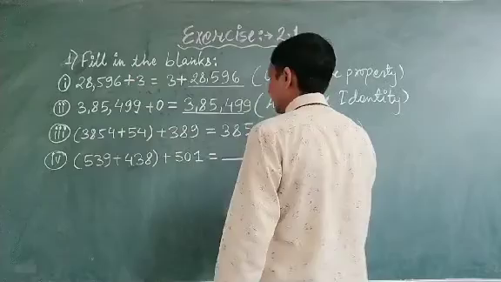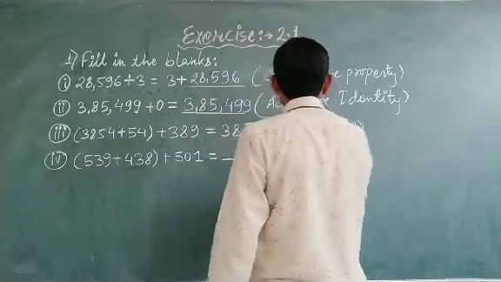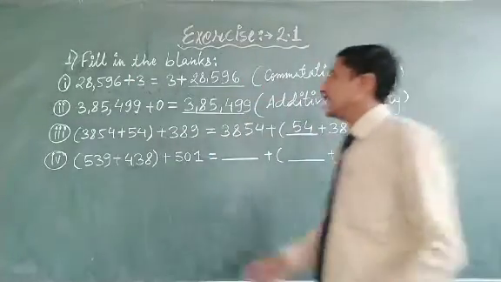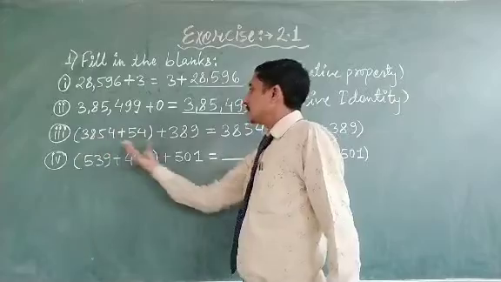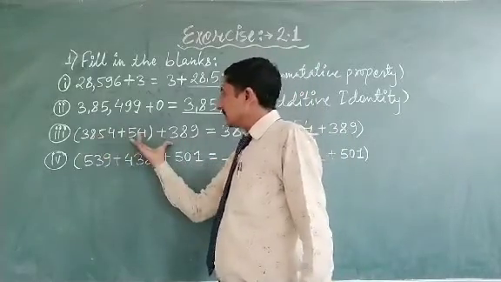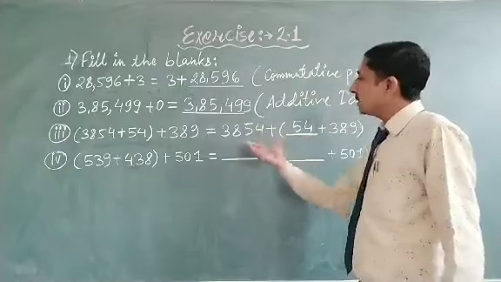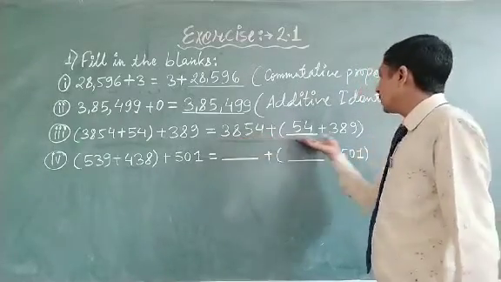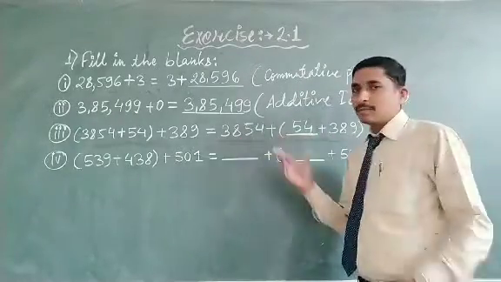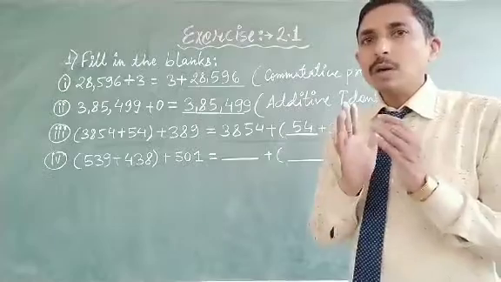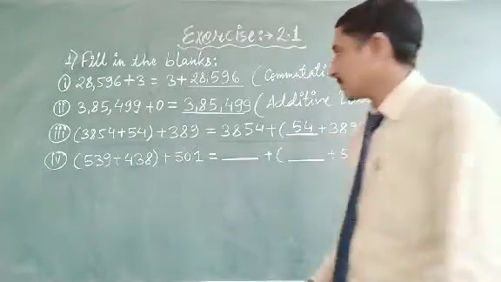So we have to write 54 here. If we group these three whole numbers in one way and add, and again group them in another way and add, the sum will always remain the same.